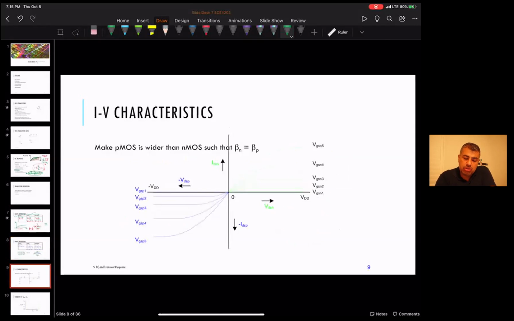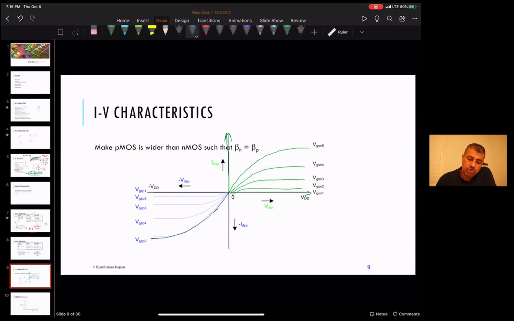So the first thing you do is draw, hopefully you can read this, the VDS versus current for the N for different gate-source voltage values. And then on the same graph, we've got the IDS curves.